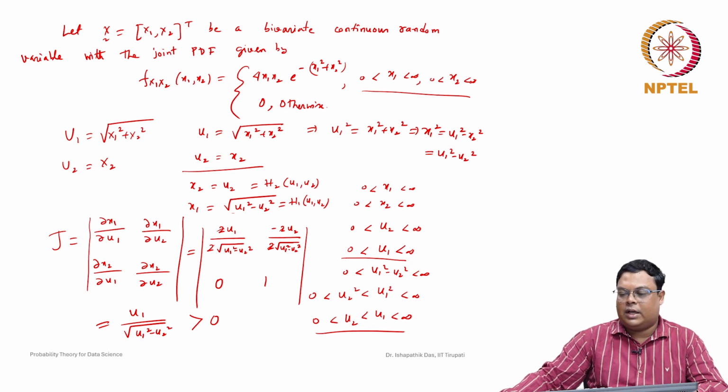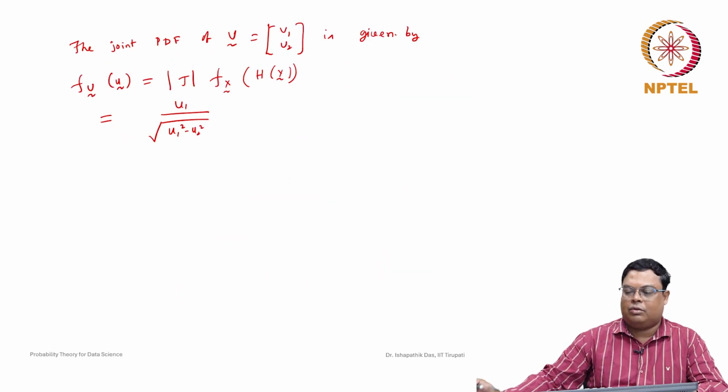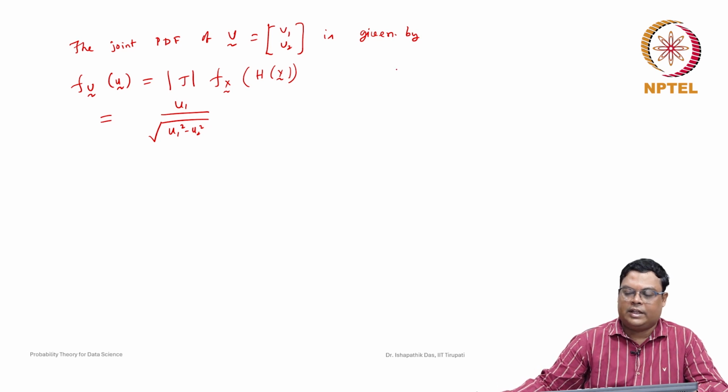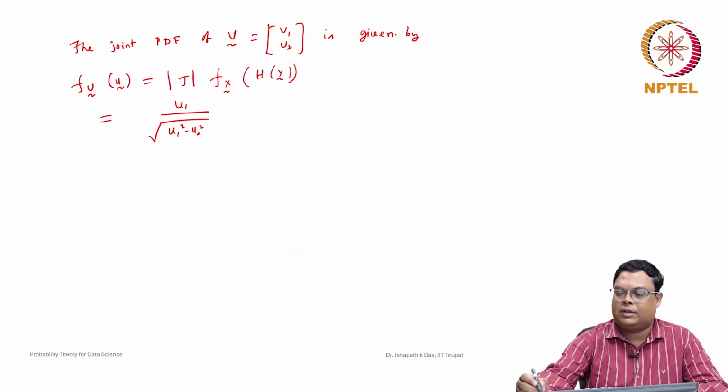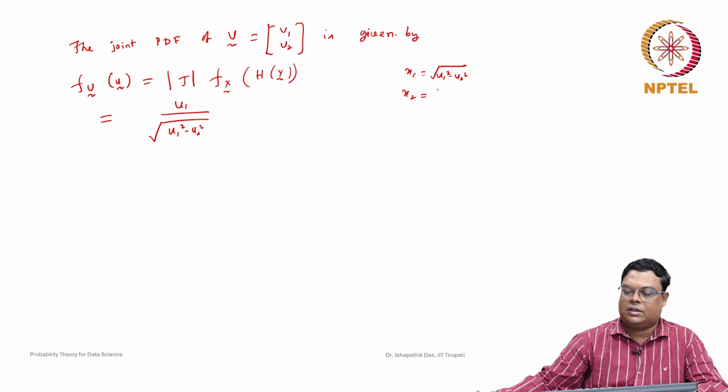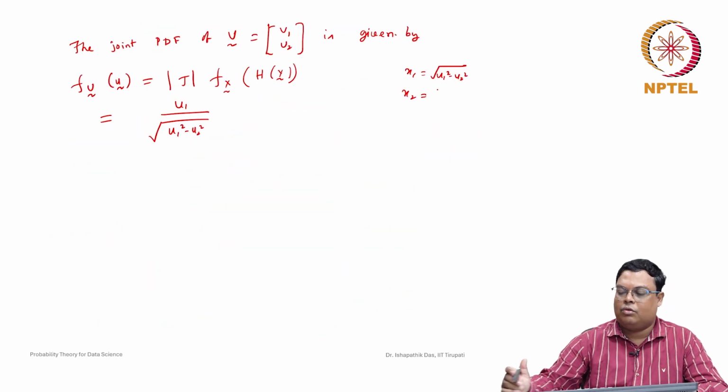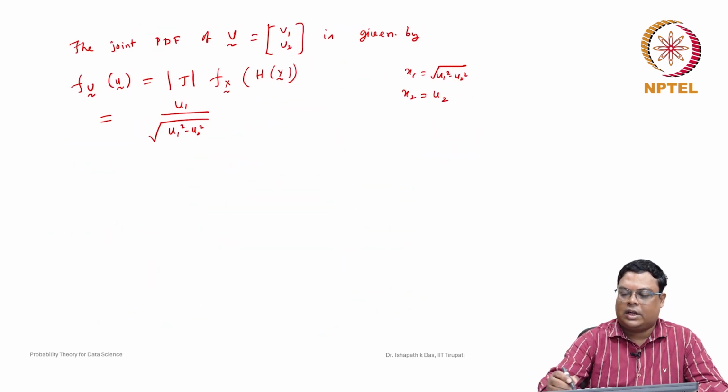Because we are transforming in this region, x1 is root over u1 square minus u2 square, and x2 is nothing but u2.